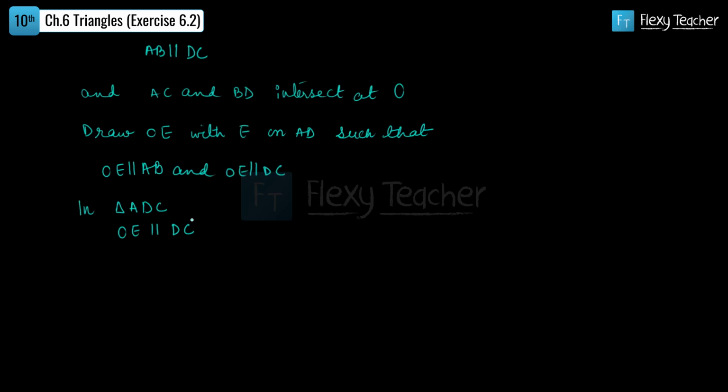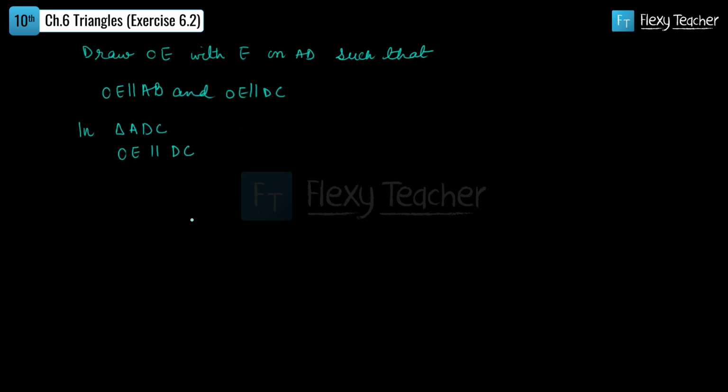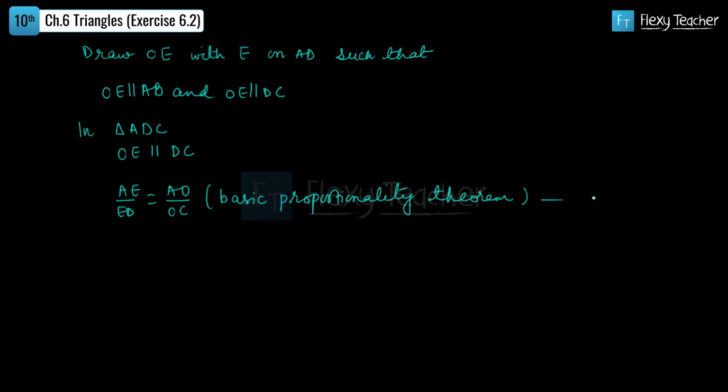Okay, so since the lines are parallel, we can say that AE upon ED is equal to AO upon OC. This is because of the basic proportionality theorem. And this becomes A.